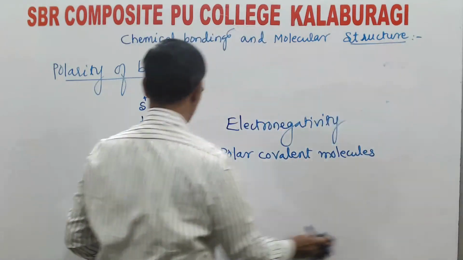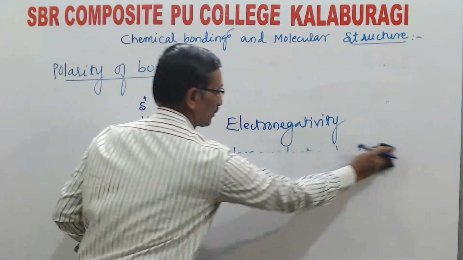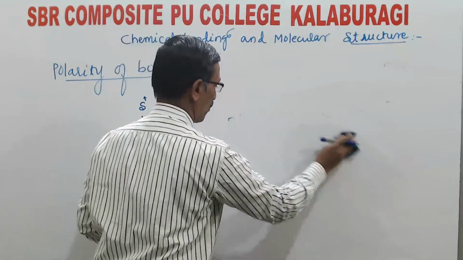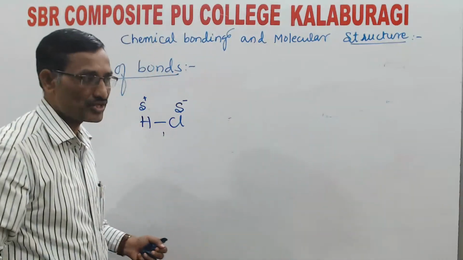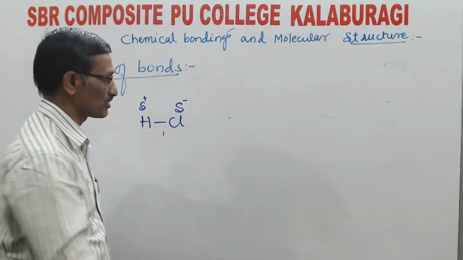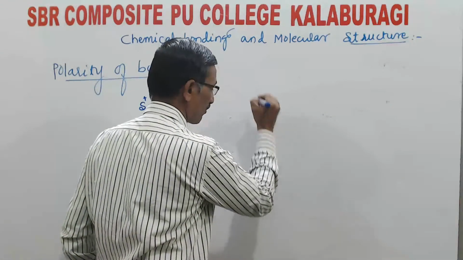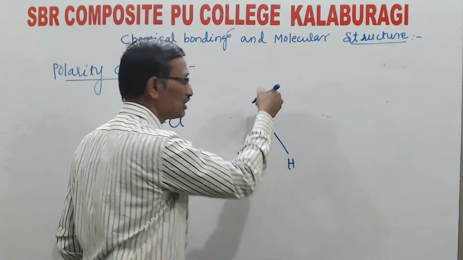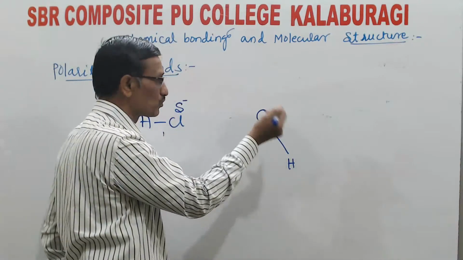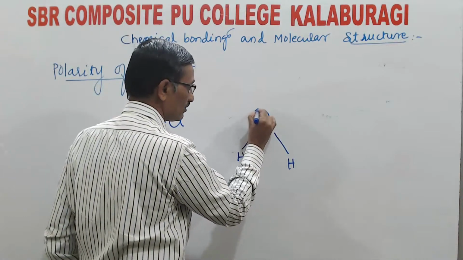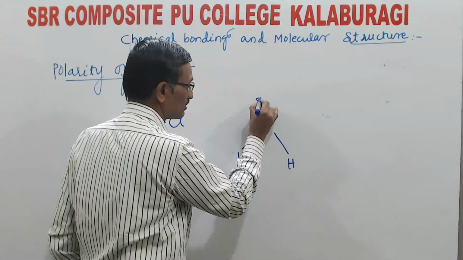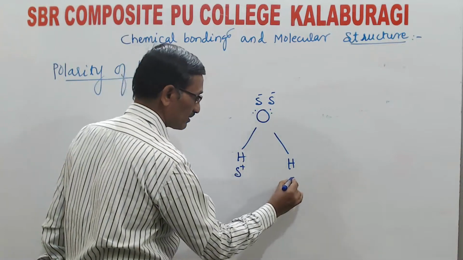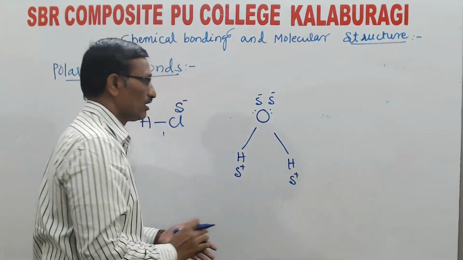Now, if you take the water molecule, H2O, what do we come across? Whether there is a charge separation or not, we will now discuss. This is the oxygen atom, with hydrogen, hydrogen. You also came to know that there are two lone pairs of electrons. There is delta minus on oxygen and delta plus on hydrogen. Why?